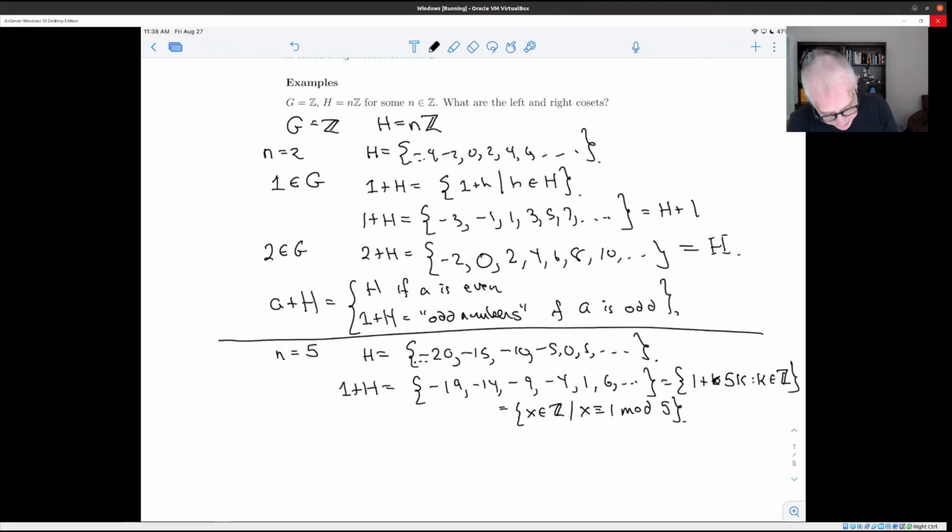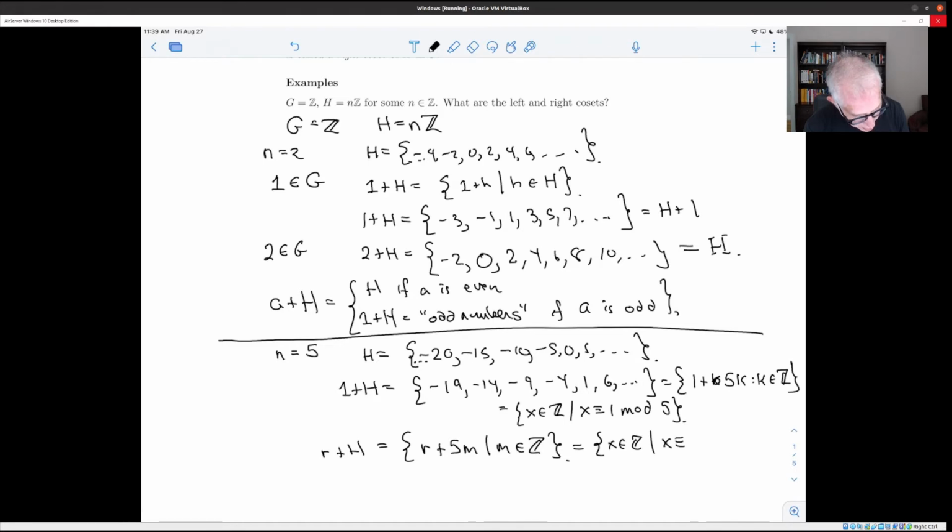And more generally, if we look at r plus H for some r, this is the collection of r plus 5m as m runs through Z, right? Because we take the multiples of 5, that's what the 5m is, and we add r to all of them. But that's exactly the collection of x in Z such that x is congruent to r mod 5.